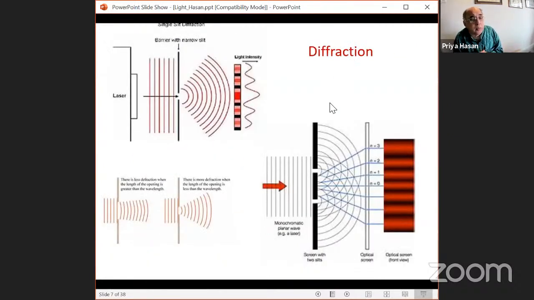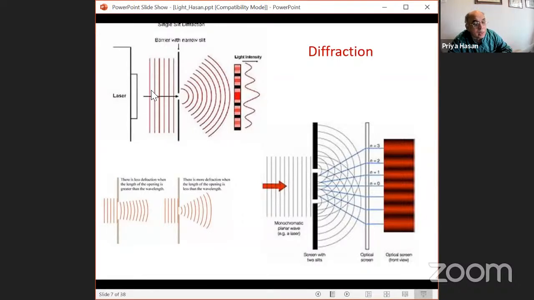But there are other phenomena, for example diffraction or interference, which typically show the wave nature of light. So what we have here is a parallel beam.